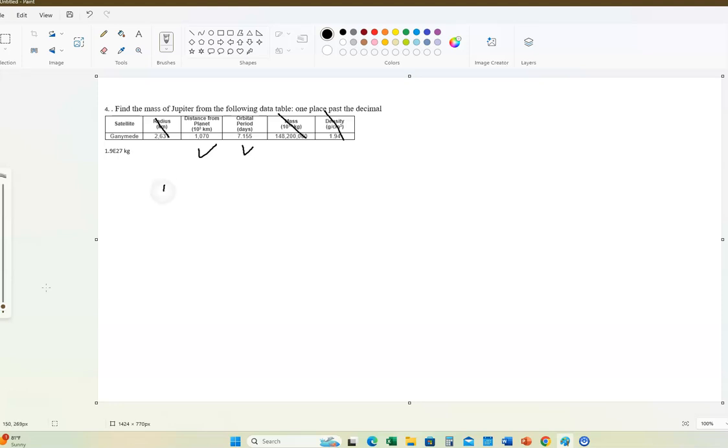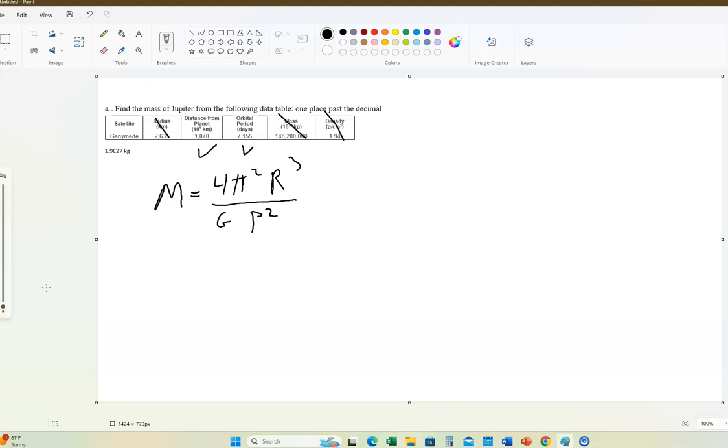So we're going to use the modified version of Kepler's third law. The mass is equal to 4 pi squared times the distance of the orbiting object cubed, divided by big G, the universal gravitational constant, which is always the same number, times the period squared.